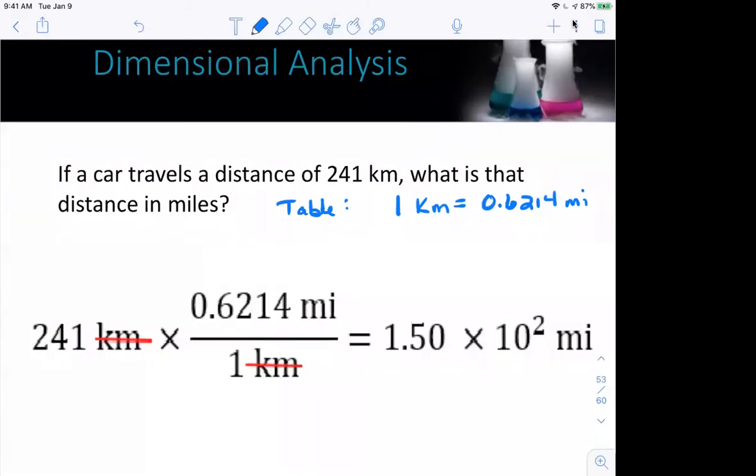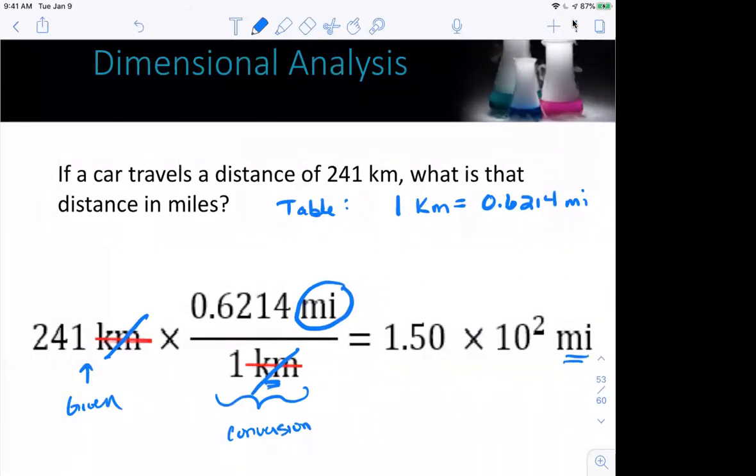I got that off of some table that I had online, right? Here's my given. Here's my conversion factor. I want miles on the top and kilometers on the bottom so I can cancel out my kilometers, and that gives me miles as my answer.